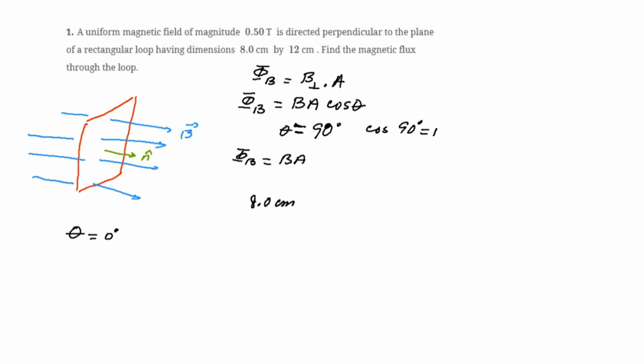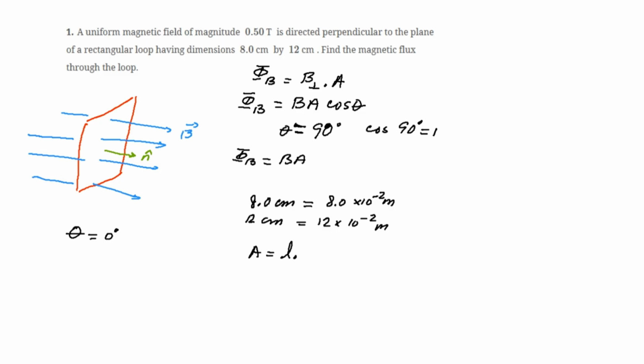So 8 centimeters in meters is 8.0 times 10 to the negative 2 meters. And 12 centimeters would be 12 times 10 to the negative 2 meters. So when we multiply, we will have an area that is length times width.